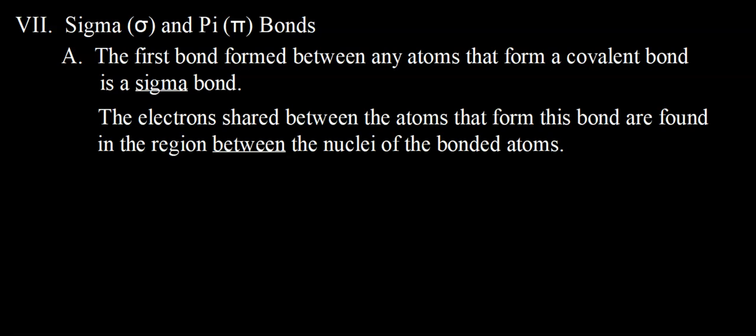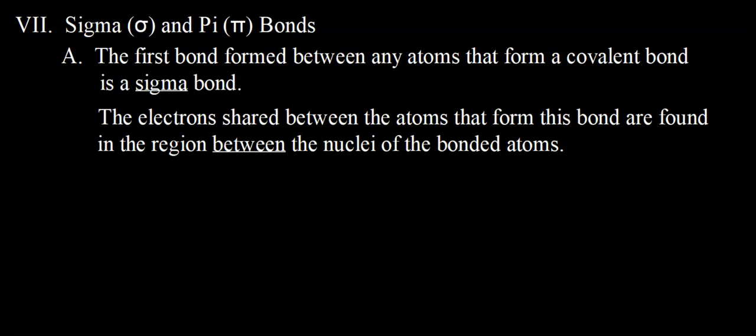Now let me jump ahead a little bit. This will make more sense after our next lesson. Sigma bonds result from the overlapping of hybrid orbitals. So we'll talk about hybrid orbitals next time. When two hybrid orbitals overlap, or when one hybrid and one atomic orbital overlap, that bond is known as a sigma bond.